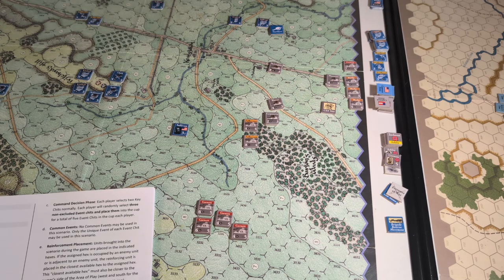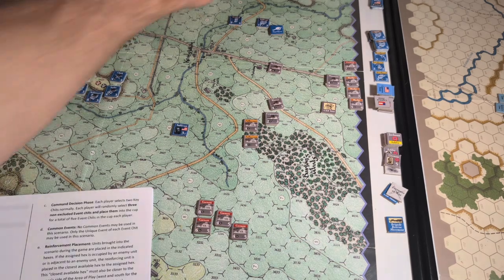Okay. So Sullivan's brigade must use his lower command rating for the entire scenario. If Sullivan is attacked, or a CS unit moves within 3 hexes of 2423 Pritchard's Hill, then the higher command value for Sullivan may be used. This can happen in the middle of a turn while Sullivan is in the draw cup.